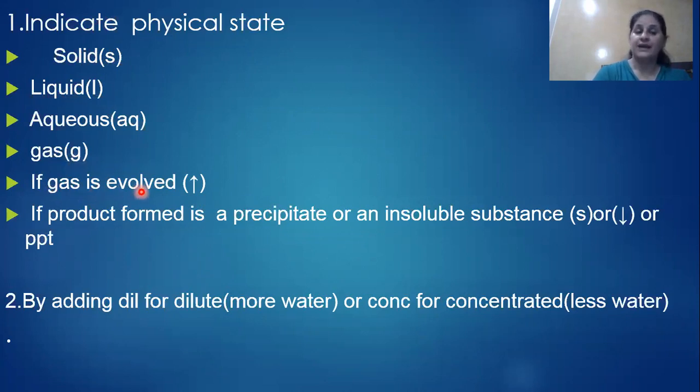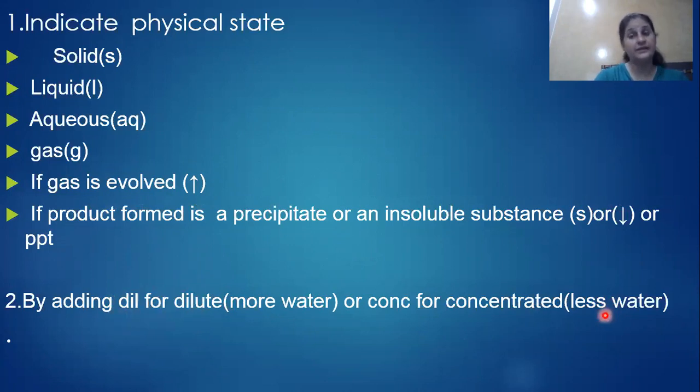If gas is evolved, that is, in the product a gas is evolved, then you can put the symbol of an arrow pointing upward. If a product formed is a precipitate, precipitate means a substance which doesn't dissolve in water, you can write S, you can write an arrow pointing downward, or you can write PPT, a precipitate is formed in the reaction. Then if a substance has more water and less of that particular substance, it is said to be dilute. You can write DIL in front of it.